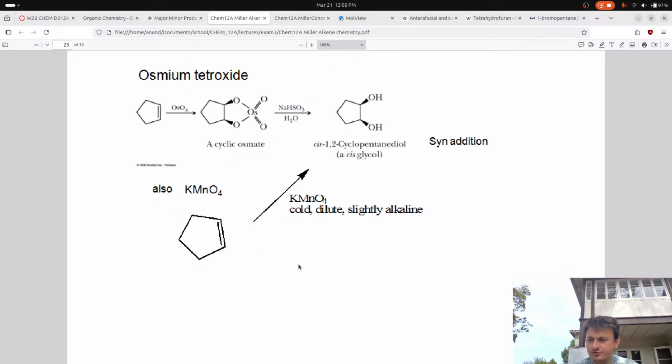Also, this is the eighth mechanism. What is it? Cold, dilute, slightly alkaline potassium permanganate, KMnO4, does the same.